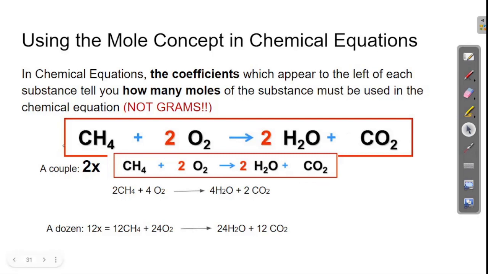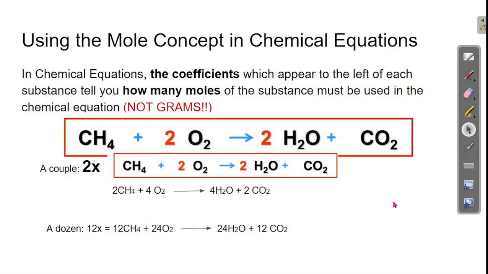So we talked about this. It could be molecules. You can be counting molecules. 1 molecule, 2 of these, gives you 2 of these and 1 of these. Yeah, you can do it that way. But when we do stoichiometry, we're going to work with moles. So now those coefficients, these numbers in front, are going to be moles for you.